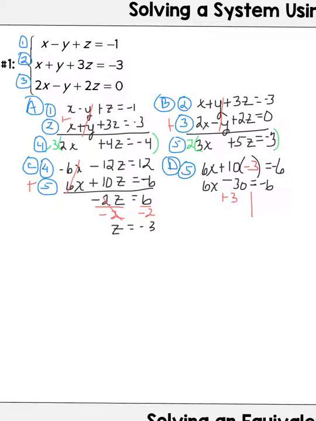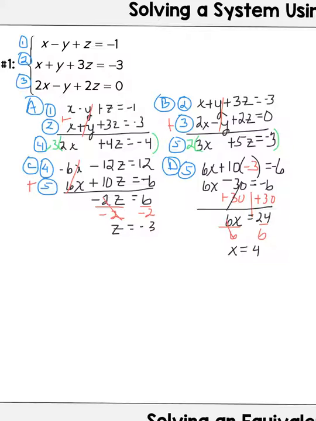Add 30. And I get 6x equals 24. Divide by 6. And x is equal to positive 4. So now I have two of my variables. I've got z and x.